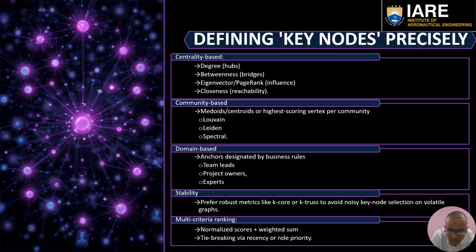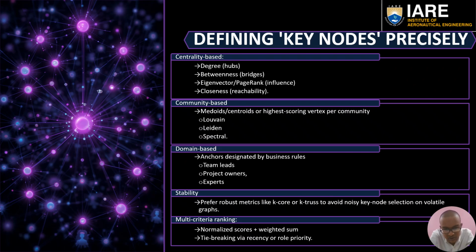The second type is community based: medoids or centroids, or the highest scoring vertex per community. Three major examples are Louvain, Leiden, Spectral.